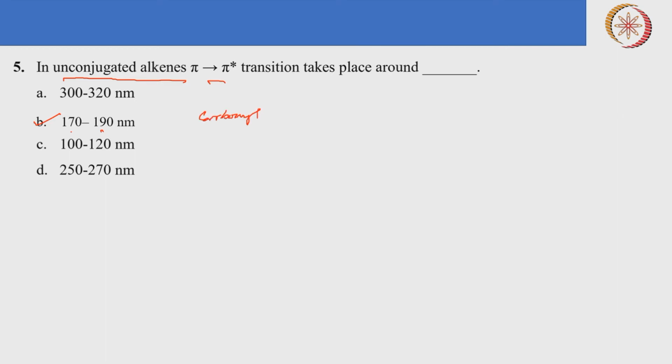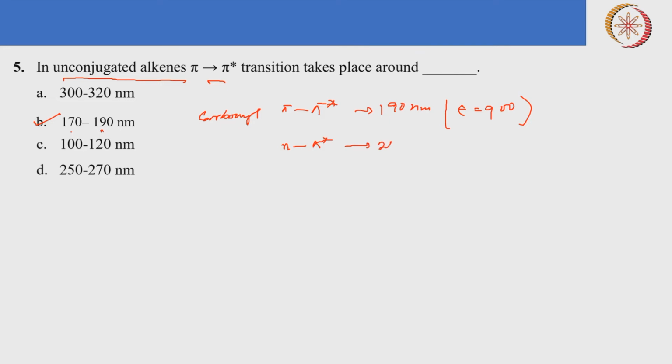If you have a carbonyl, the pi to pi star transition takes place around 190 nanometer with epsilon value around 900.